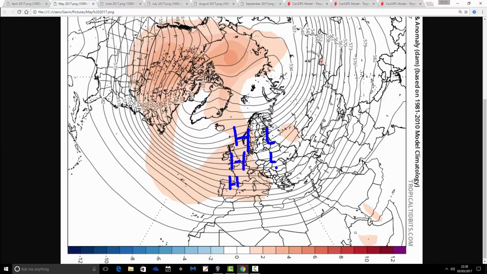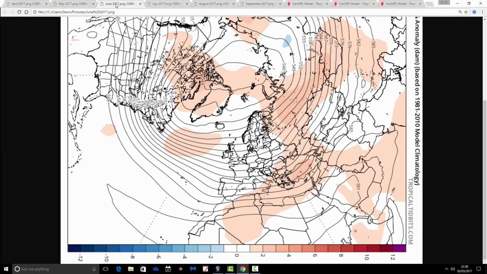I think there's a trough going down through eastern parts of Europe, and probably some sort of trough in the Atlantic as well. The jet stream looks like it should be doing something a little bit like that. So May also looking a fairly decent month with a lot of dry weather, and hopefully the temperatures would be responding to that dry weather and lifting up a bit as well.